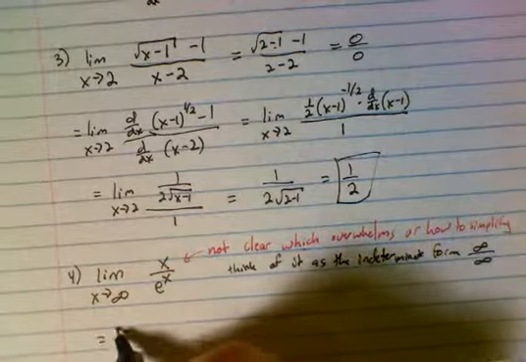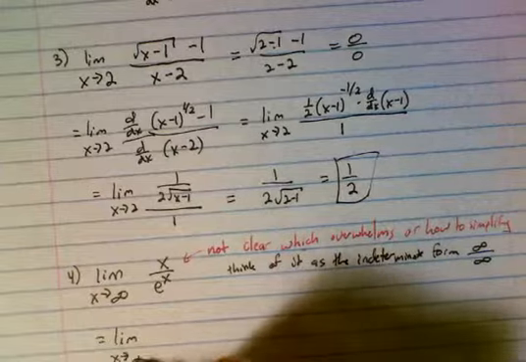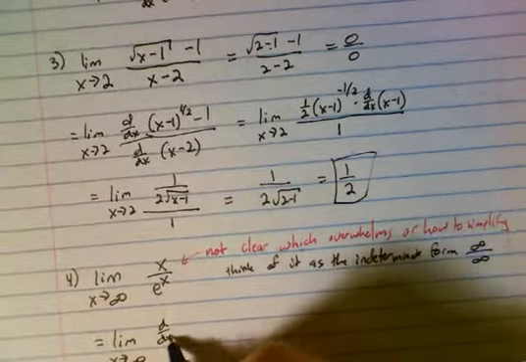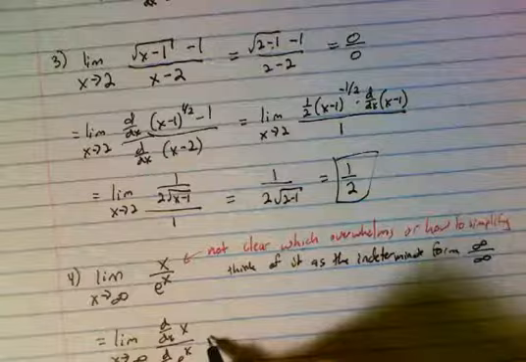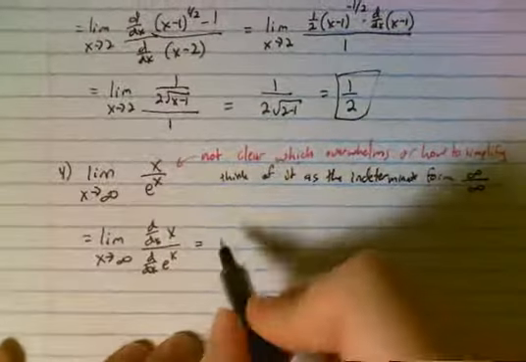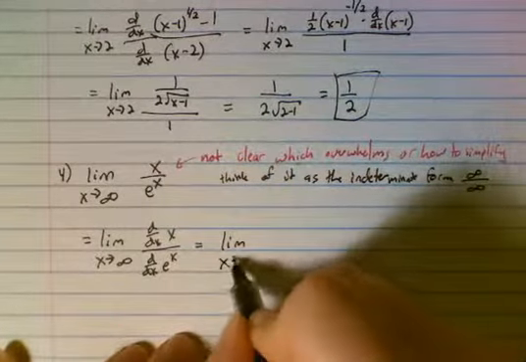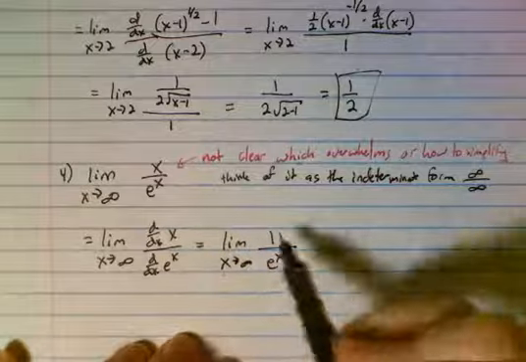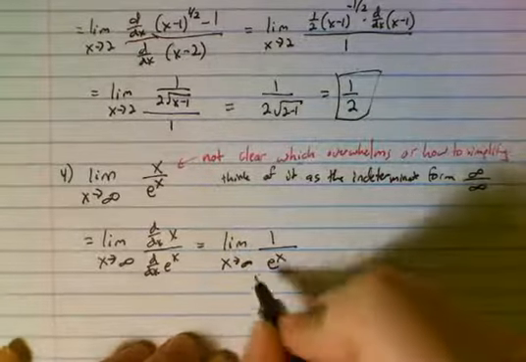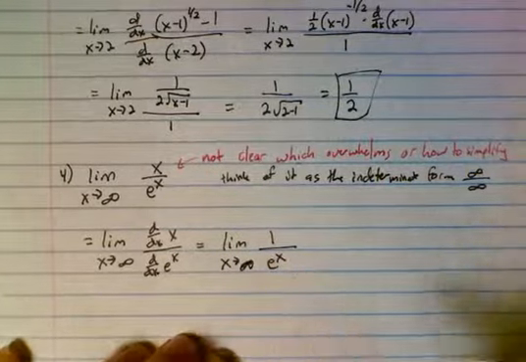So let's turn that into the limit as x approaches infinity of the derivative of x over the derivative of e to the x. Derivative of x is 1, derivative of e to the x is e to the x.